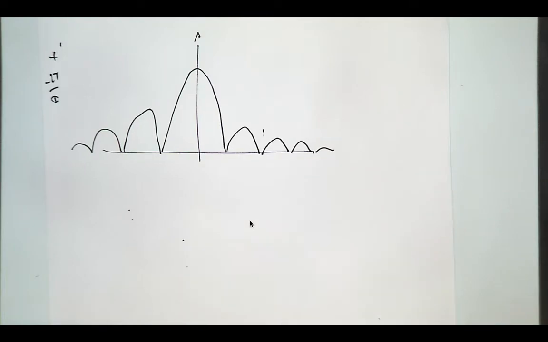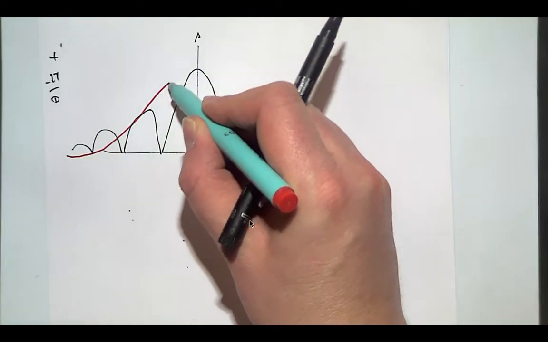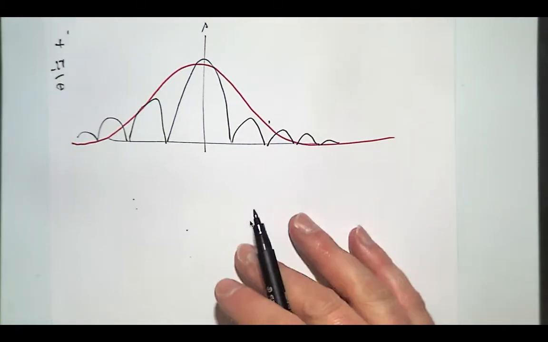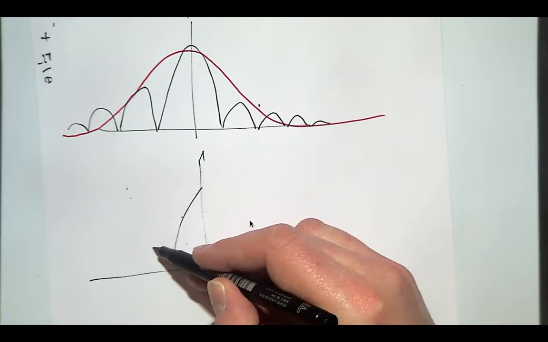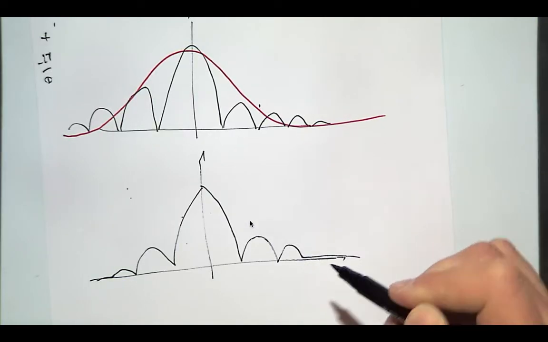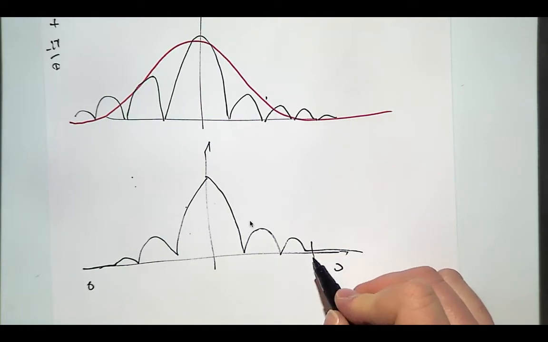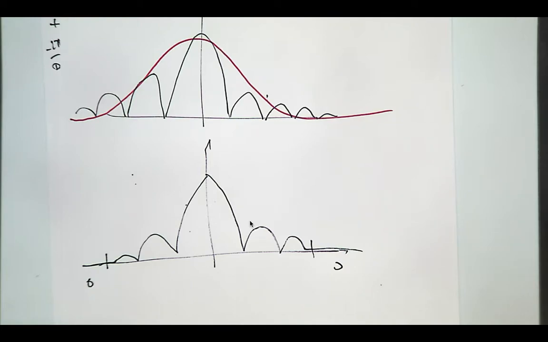But what you can do is apply a window function, and you multiply both signals, and what you get at the end is something like that. After here the values are 0, and you can truncate. So you do not have something going to infinity, and you have a nicer, more well-behaved function.